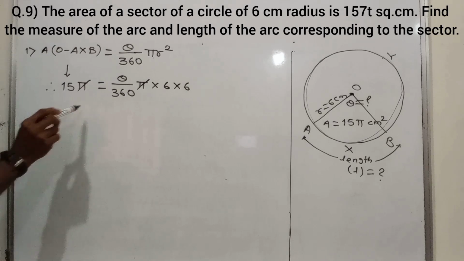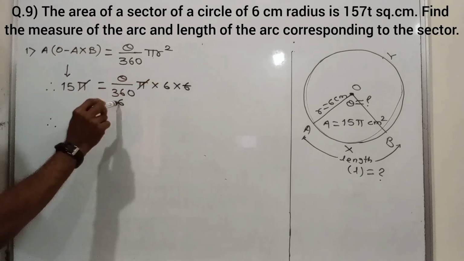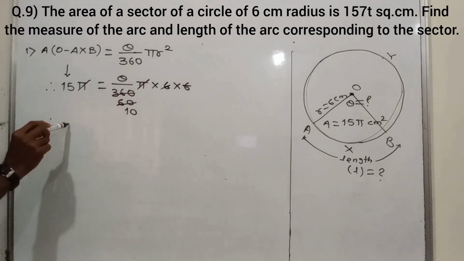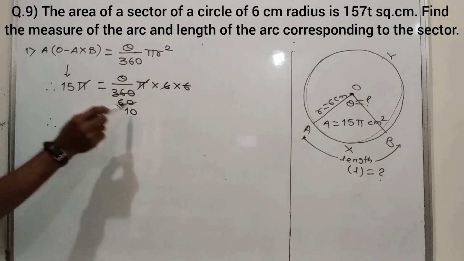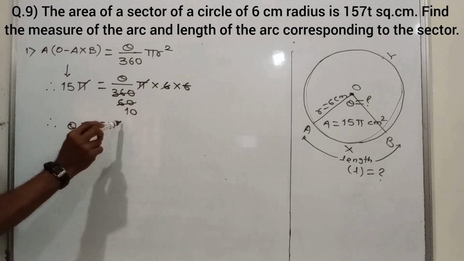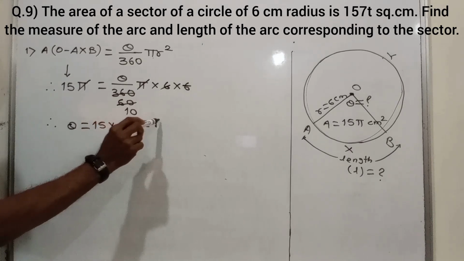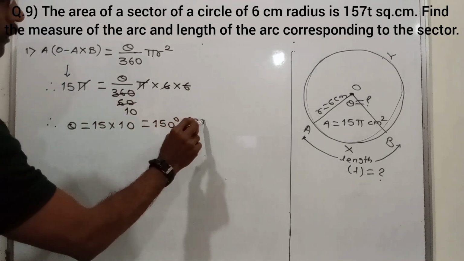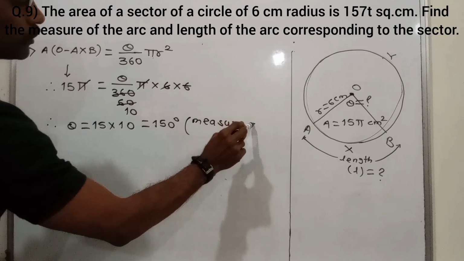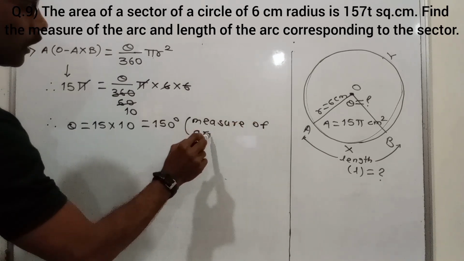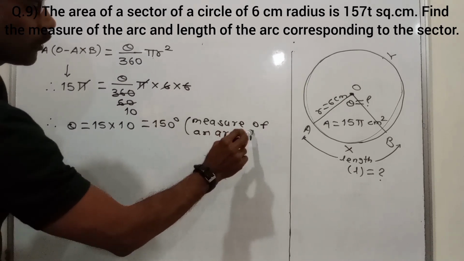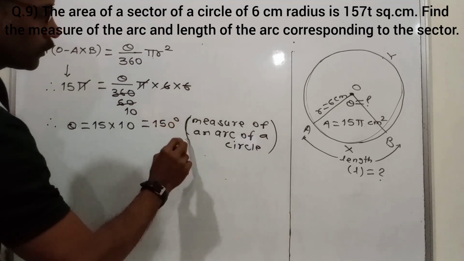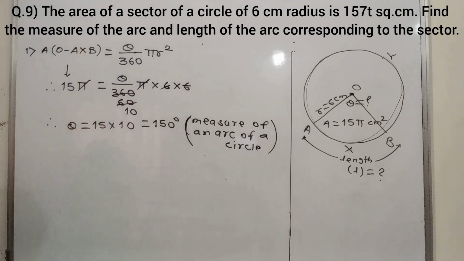Therefore, see this, 6 6s are 36, 10. Therefore, theta is equal to 15 into 10 is equal to 150 degree. Means measure of an arc of a circle. Did you get it? Theta is equal to 150 degree.